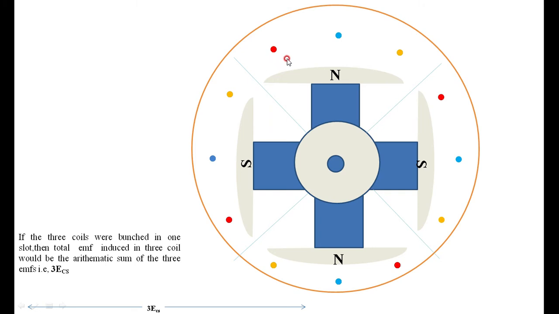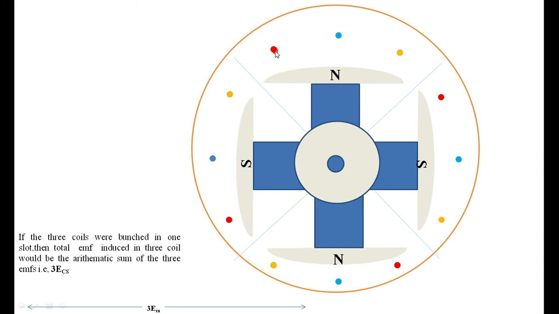Whatever conductors pertain to the R phase are all placed in a single slot here. Similarly, all the B conductors under each pole are placed in this slot, and similarly for the Y phase. Then all the conductors are concentrated and placed in a single slot, and this winding is called concentrated winding.